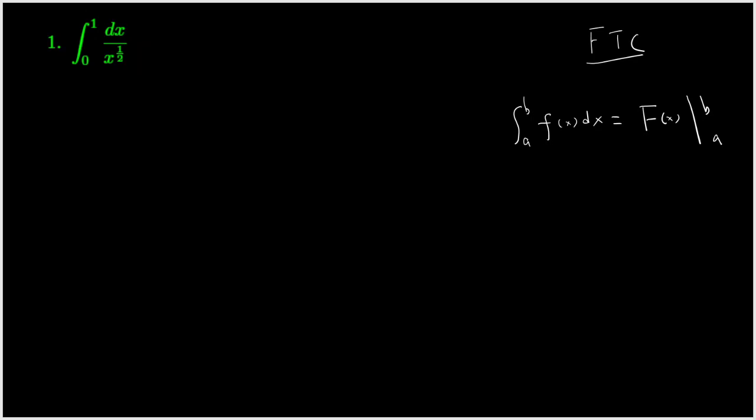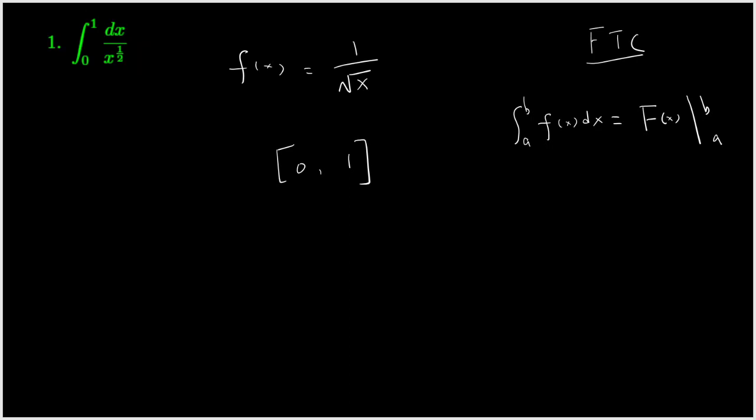Now you look at the function in this integral. Can I write the function as 1 over square root of x? The same thing, right? The function is 1 over square root of x, and the interval is from 0 to 1. Is the function continuous on the interval?